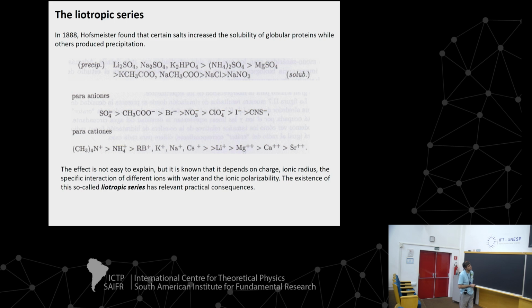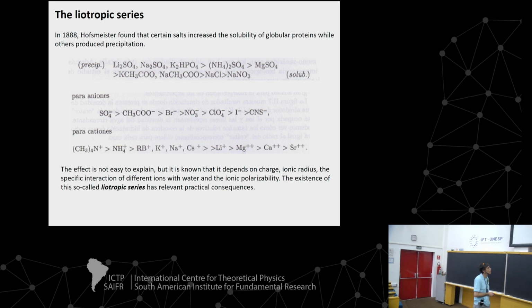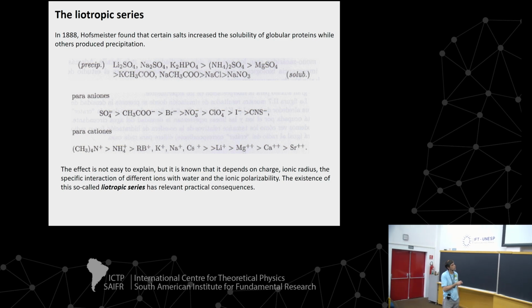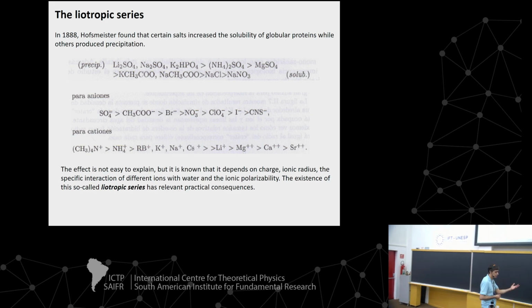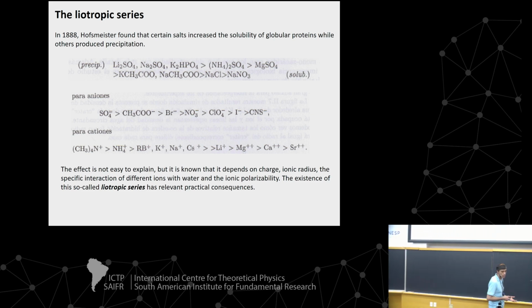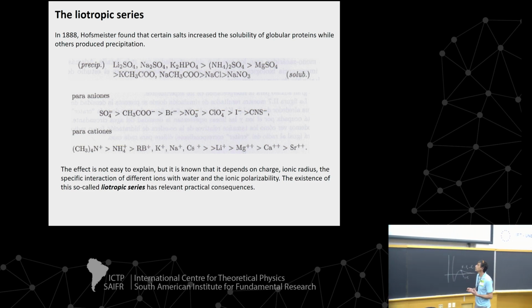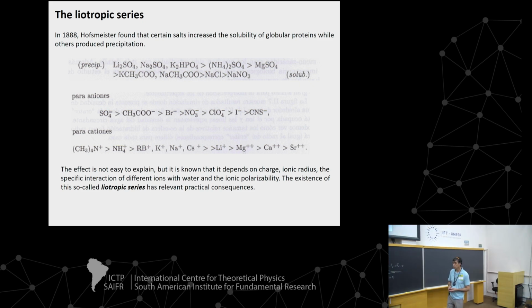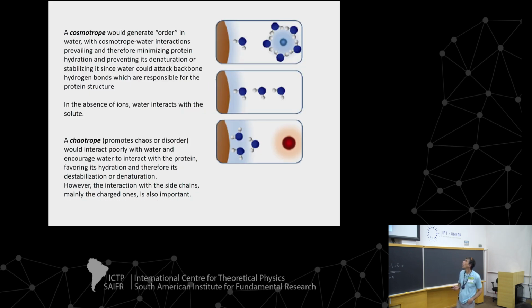And it is not easy to explain, but it has to do with the specific interactions of these ions with water, and how this interferes with the interaction of water with the protein. And what is important is that it has very interesting practical applications. We're going to come back to this a bit later on.